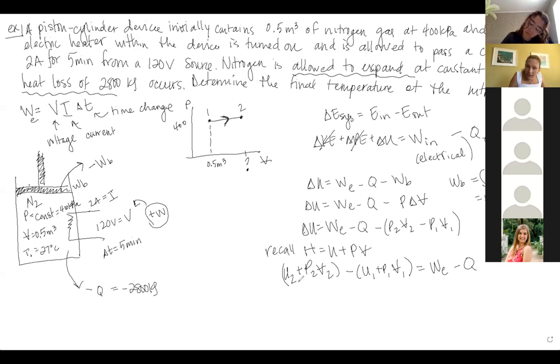So then this just becomes our enthalpy at point 2, and this can become our enthalpy at point 1. So our enthalpy at point 2 minus our enthalpy at point 1 is equal to our electrical work minus our heat.